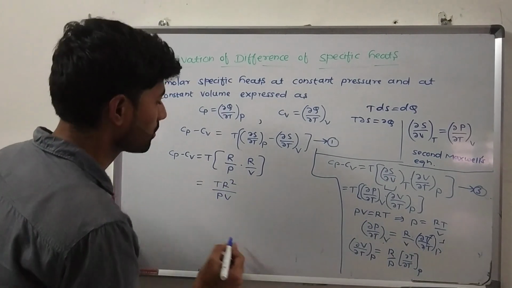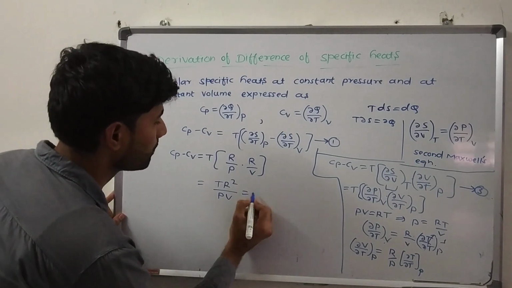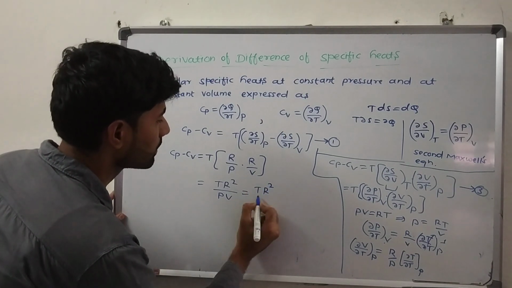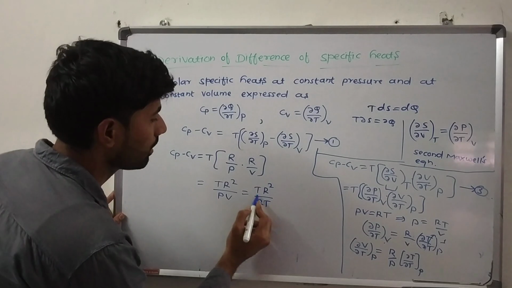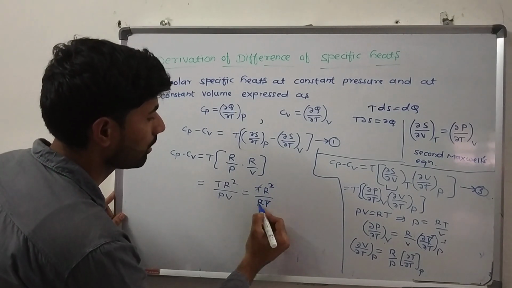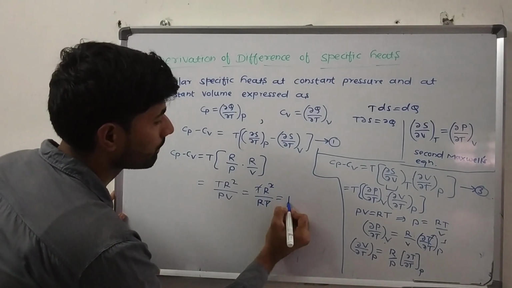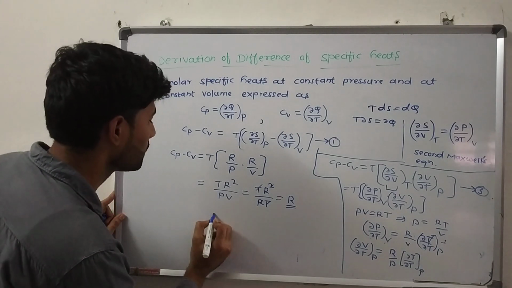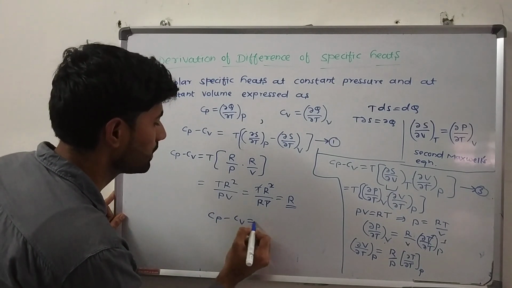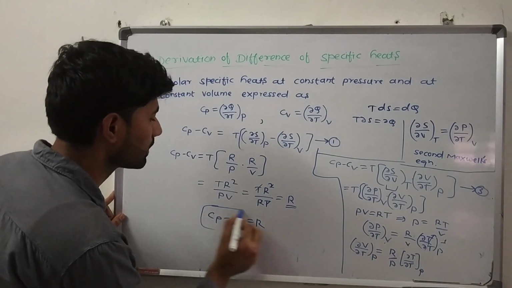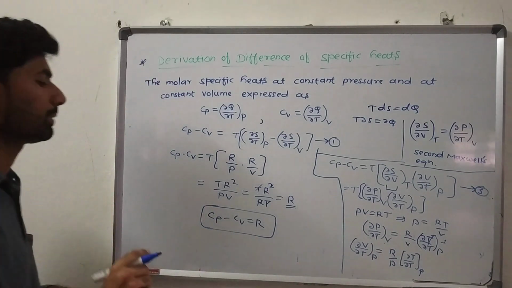Since PV equals RT, this PV term can be replaced, giving T R squared divided by RT. Cancelling the common terms, we are left with only R. So we can write Cp minus Cv equals R, which is nothing but the difference of the specific heats.